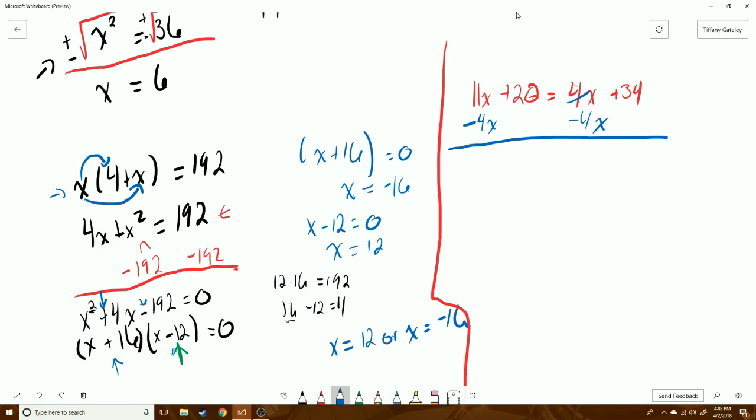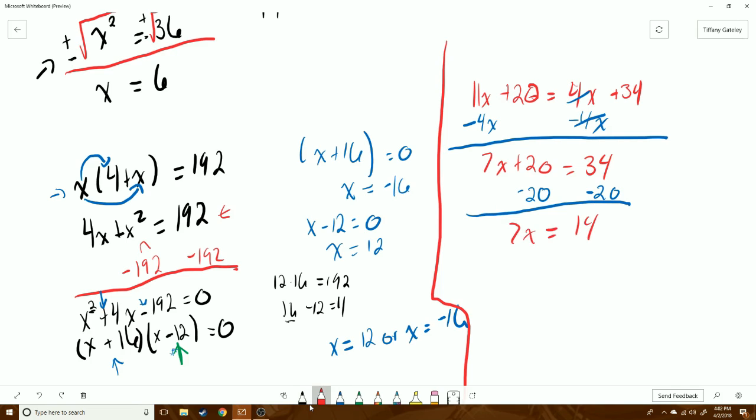And these 4x's cancel, and 11 minus 4 is 7, so 7x plus 20 equals 34. Now I would get rid of the 20, so minus 20 on both sides. And that gives you 7x equals 14.